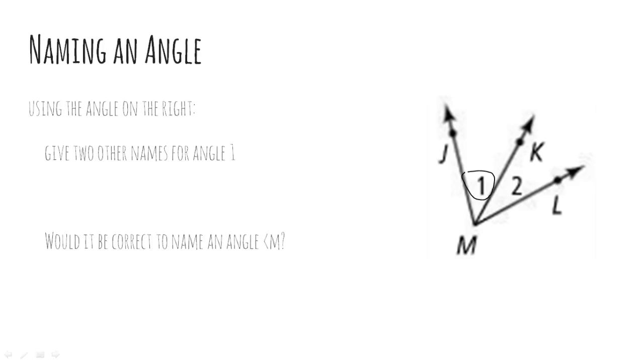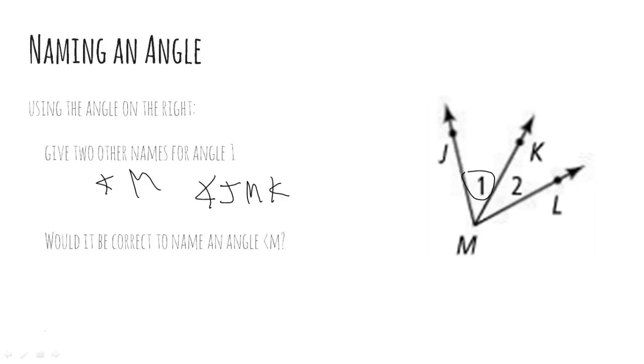When we name this, we can name it by the vertex, so we can just call it angle M. The other way that we can name this angle is by using the two rays with the vertex, as long as we name the vertex in the middle. So we can name this angle JMK. And just as we said with segments, these are commutative. So if you wanted to name it angle KMJ instead, that's fine as well.